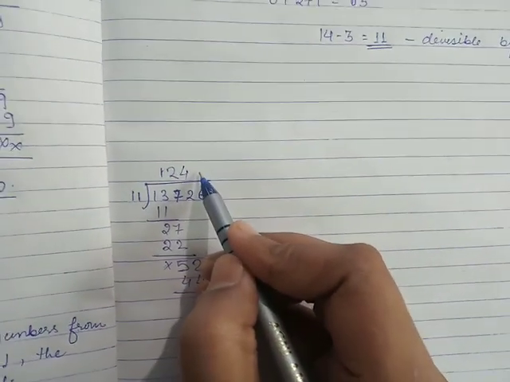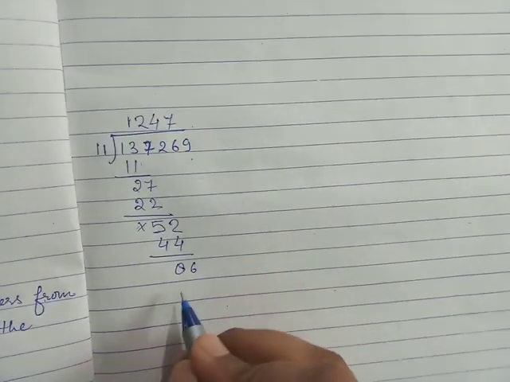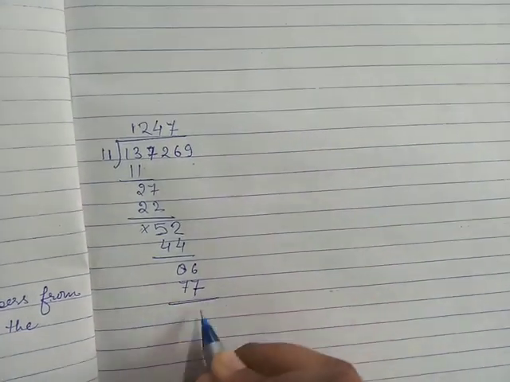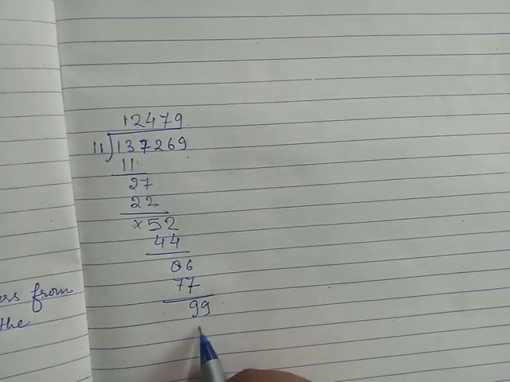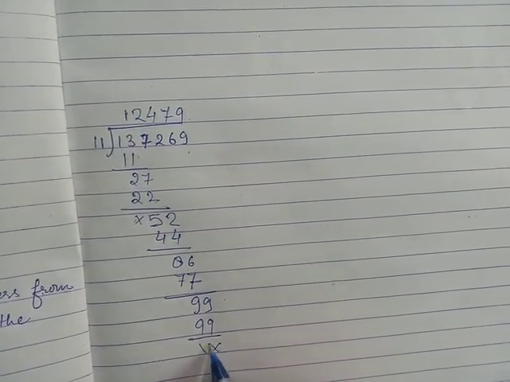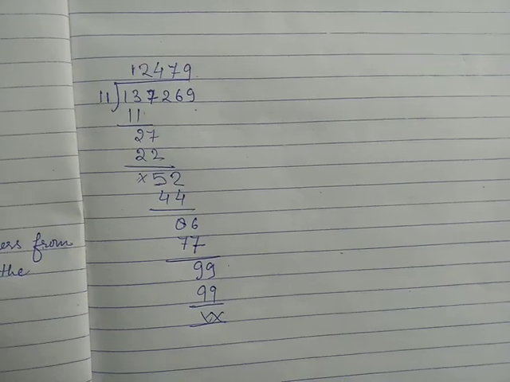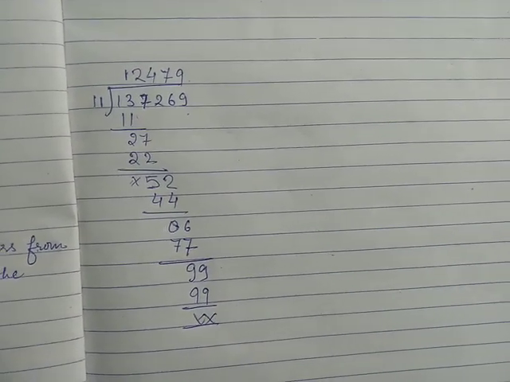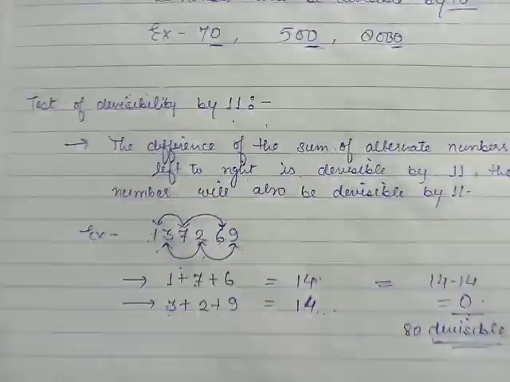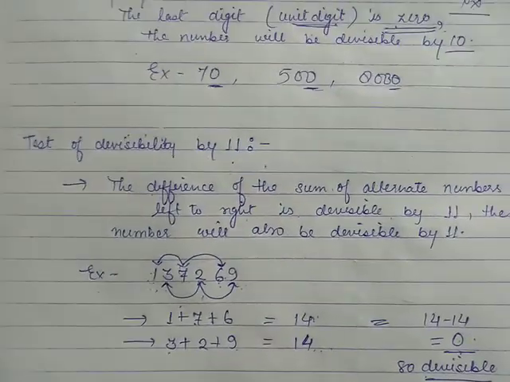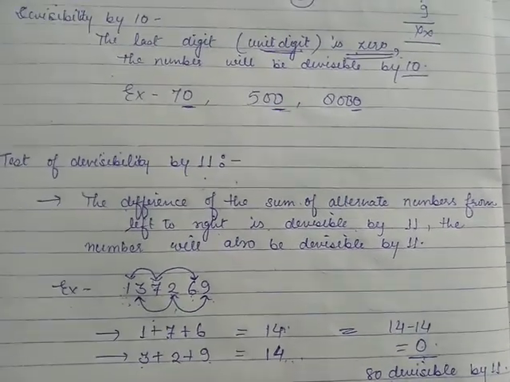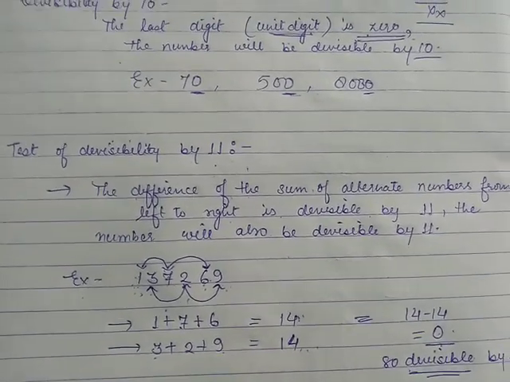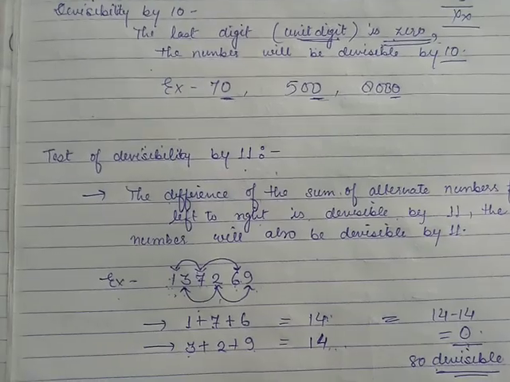Now it will go 7 times, that will be 77, and we have 9, that will go 9 times, and it will be 99. You can see that this number is divisible by 11. So basically what we do is only see the test of divisibility: if the difference of the sums of alternate digits from left to right is divisible by 11, the number will also be divisible by 11.